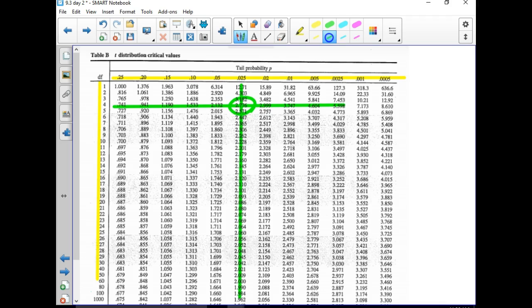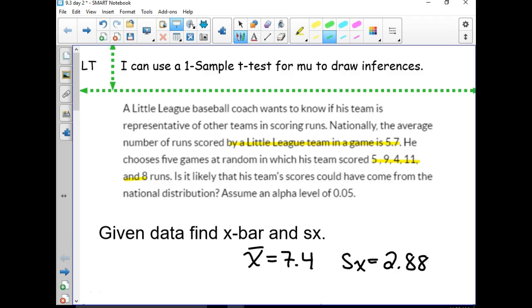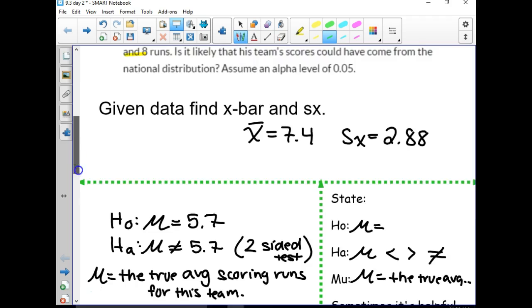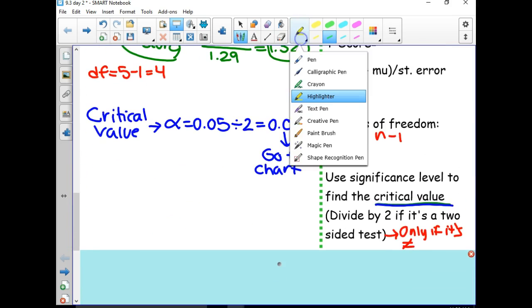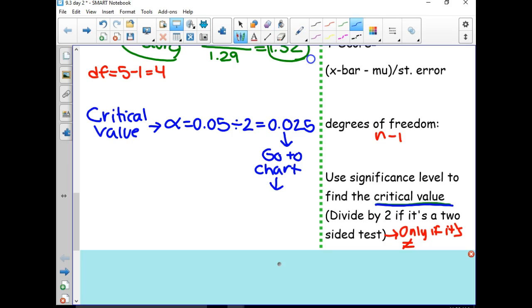Just like before, once we found a p-value, we could compare it to alpha and conclude. Now we're going to compare our critical value to our t-score and conclude. Let's write down our critical value: 2.776.